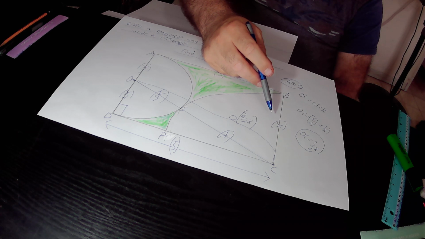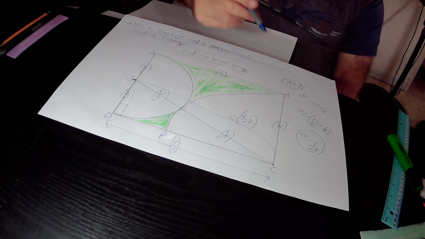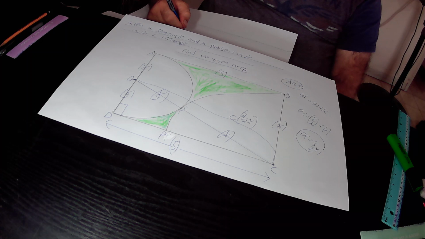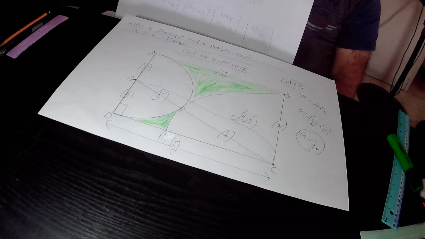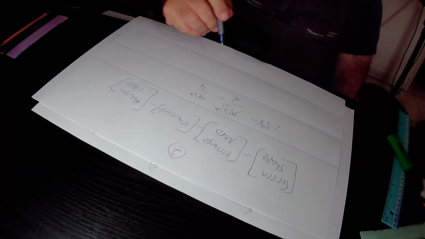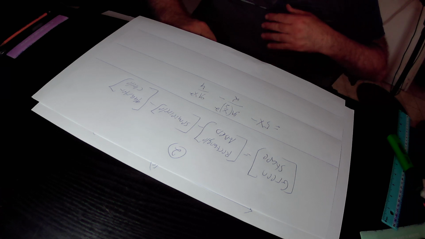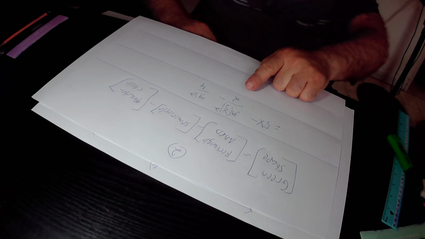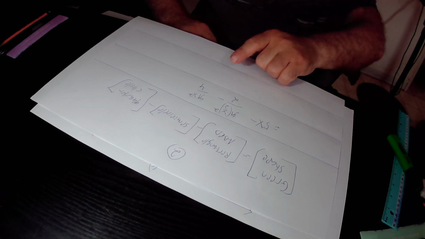Therefore, the area of the circle is pi x squared, and the area of the quarter circle is pi x squared over 4. So in total, the area of the green shape equals 5x minus pi times x over 2 squared divided by 2 minus pi x squared over 4.